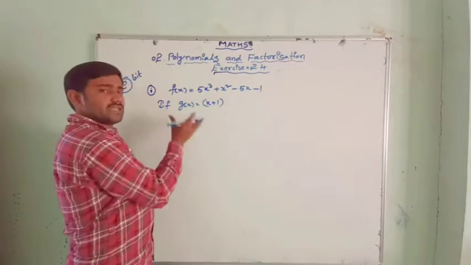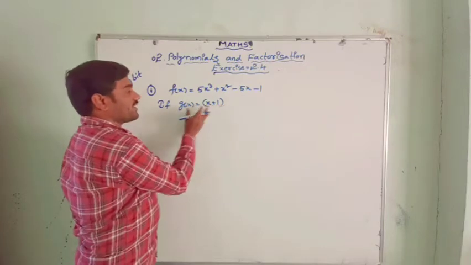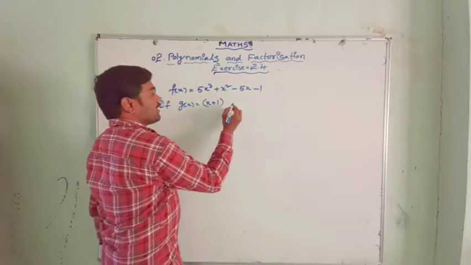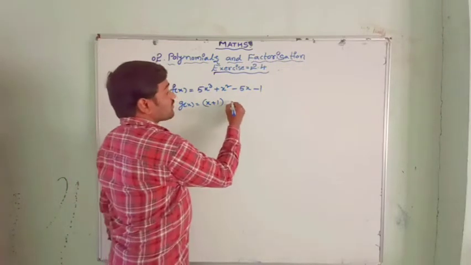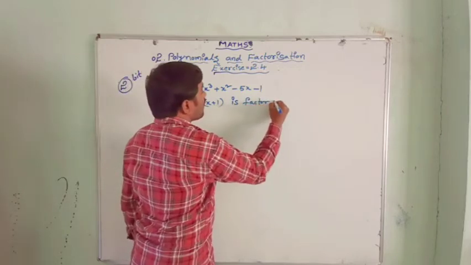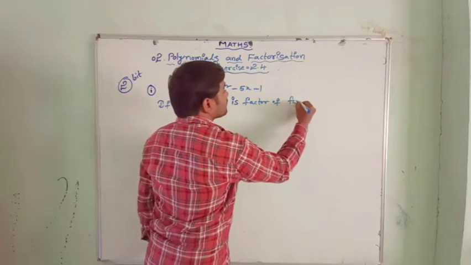Simple, same as the before problem, but they have given a linear polynomial named g of x.